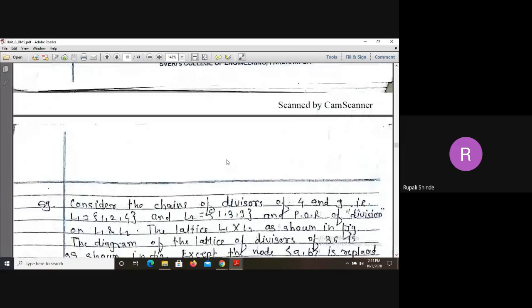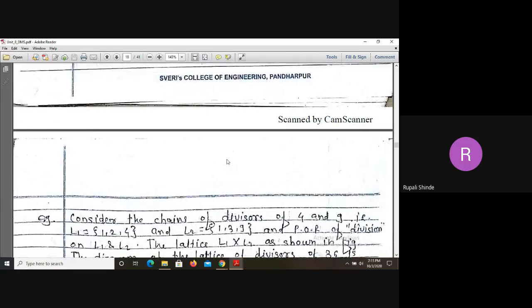So if your first set L1 consists of 3 elements and L2 consists of 3 elements, then the direct product L1 direct product L2 will consist of how many elements? 9 elements. That is 3 into 3, 9.